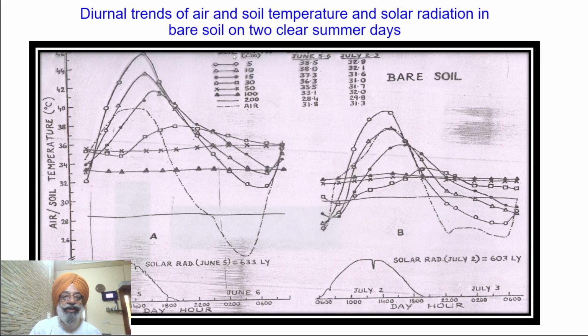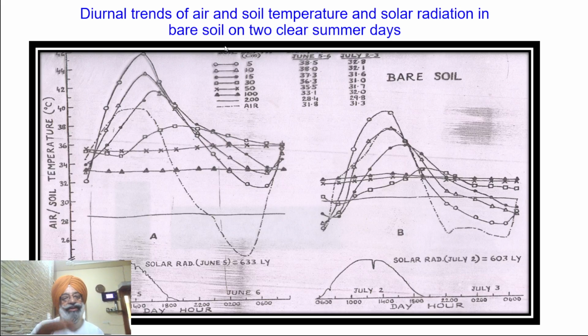So this maxima amplitude or peak soil temperature at 5 centimeter depth was delayed by 3.5 hours after the peak flux of solar radiation.